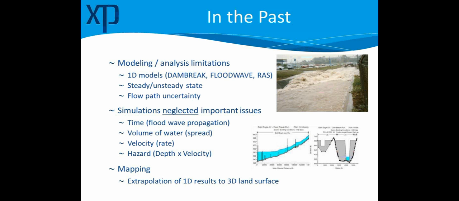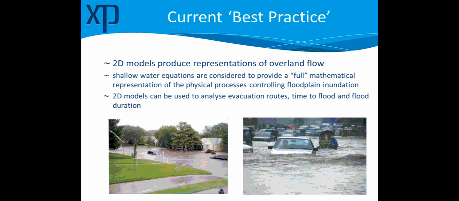In addition, the extent of the flooding, the velocity, the hazard and other outputs were not always available. Our 1D results were often extrapolated onto a 3D surface, and this does still occur in some cases. There are still 1D flood maps produced. However, we have to recognize that there are limitations in taking this approach, and it's for that reason that 2D models have become the accepted best practice.